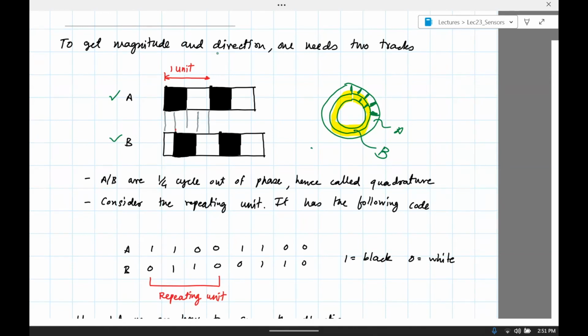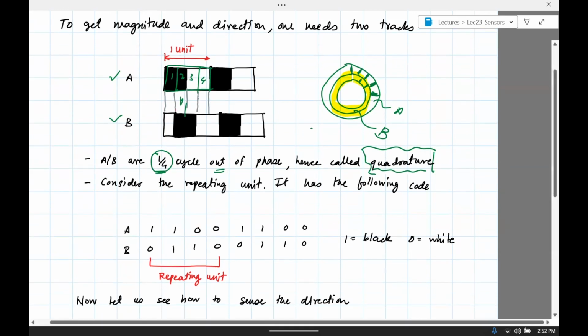Now, the way they are printed is that there is some overlap. If you think of this as one unit, black and white, you can divide it into four parts: 1, 2, 3, 4. The overlap here is 1/4. That's why it's called a 1/4 cycle out of phase. That's why, if you hear of encoders, you hear the word quadrature, and that's because of this 1/4 cycle out of phase. All of them will have this 1/4 cycle out of phase.